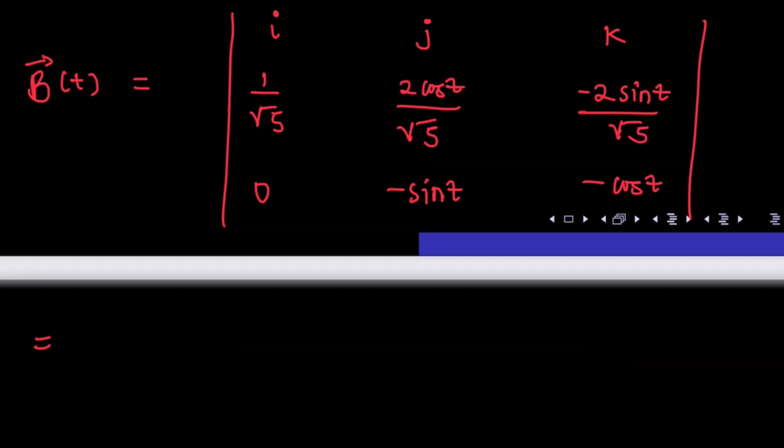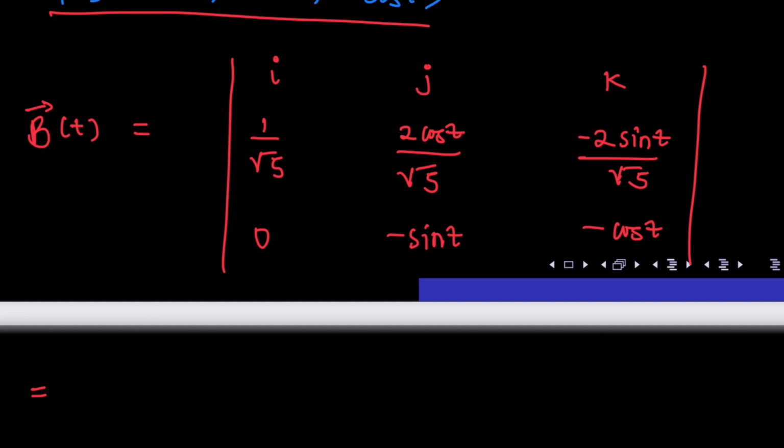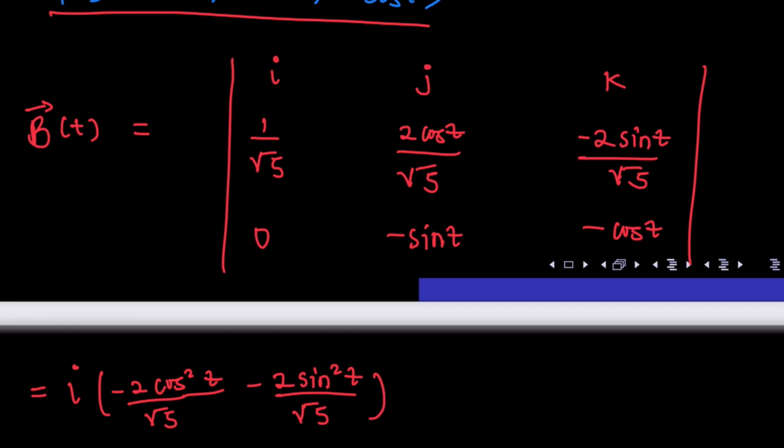So now let's compute this guy. Here we cancel the first row and the first column. So we're going to have i, then minus 2 cosine squared of t on square root of 5, minus 2 sine squared of t divided by square root of 5, minus j.